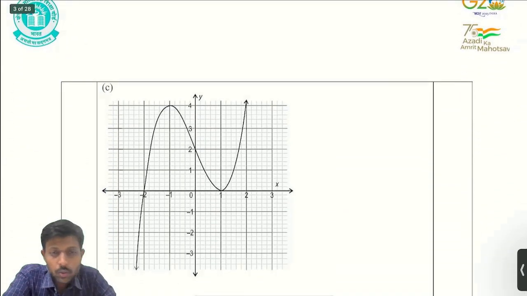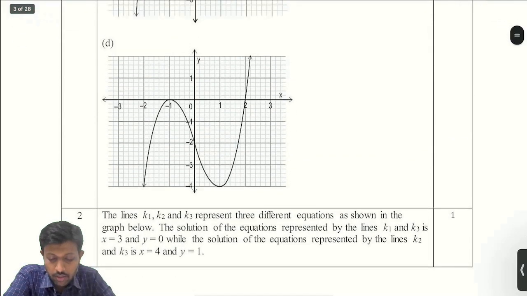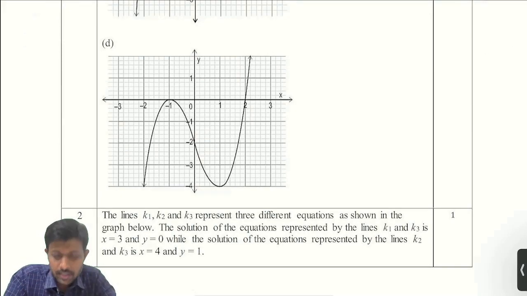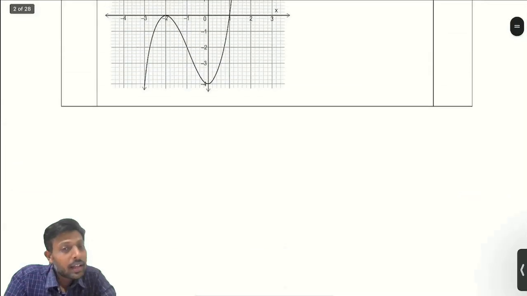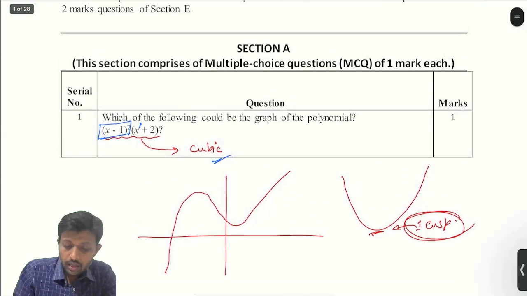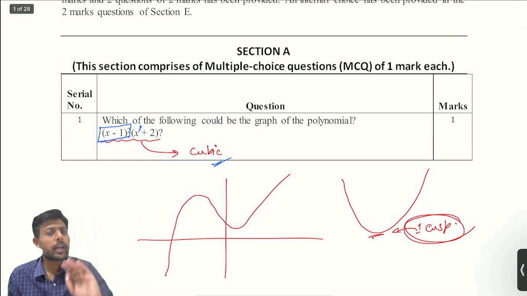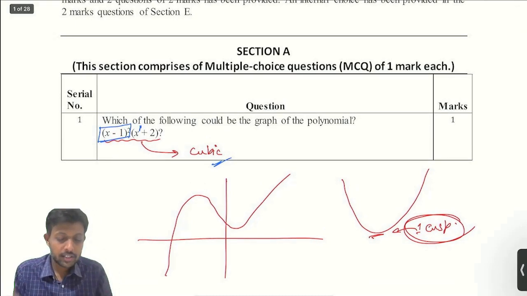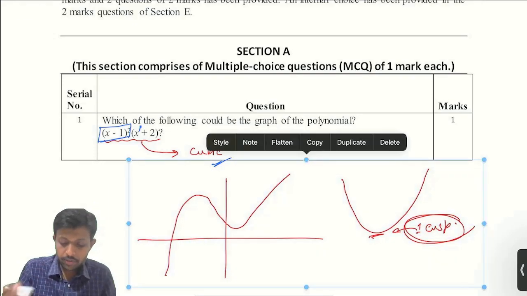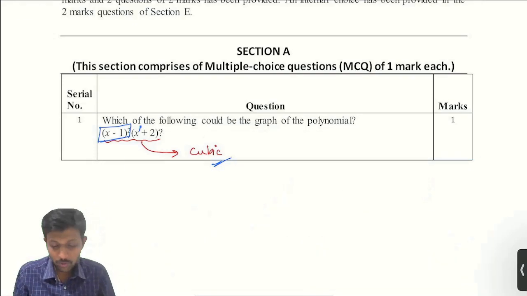Well, this also has 2 cusps. Again, it can be a cubic polynomial. What about the last option? Again, 2 cusps, so cubic polynomial. So just this information is not going to help us figure out the answer. Let's look at the zeros of this polynomial. Okay, so first thing we figured out, at least we could eliminate the first option. That's a quadratic equation, everyone knows. Option A is definitely not the answer, that we know.